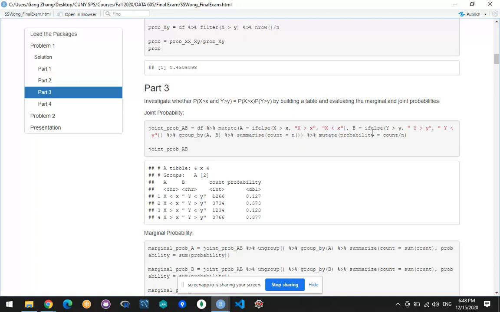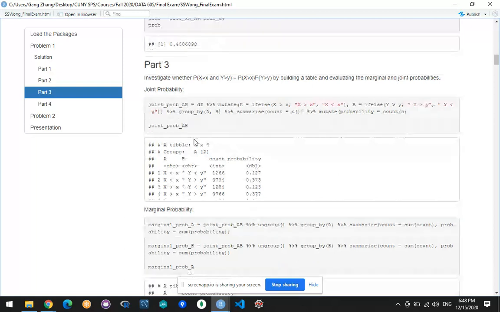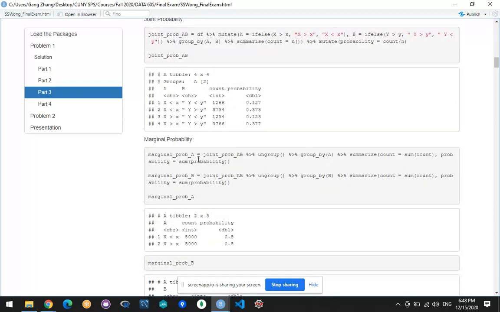Then I count each category and add another column for calculating the probability for each category, and that will be my joint probability. And for the marginal probability, I simply ungroup from the joint probability data frame and sum the probability for each type of the A and B columns.